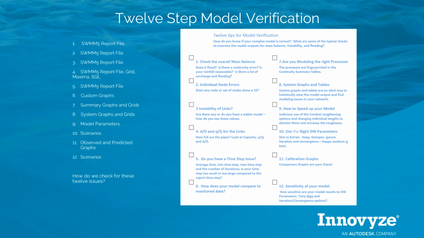However, if you set a max time step of, for example, 300 seconds or 60 seconds, and your actual average time step is 1 or 2 seconds, you're missing a lot of oscillations that might happen as it moves from 300 or 60 down to 1 second during certain times. So it's better to have a max time step that's close to your average time step. There's a nice table in the SWM5 output report file that tells you what your max, min, and average time step is, and you should try to have your max not too much bigger than your average.